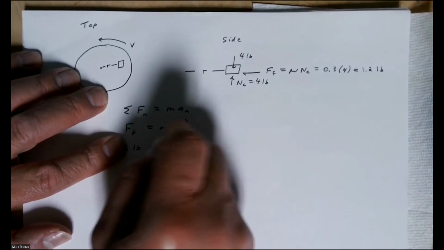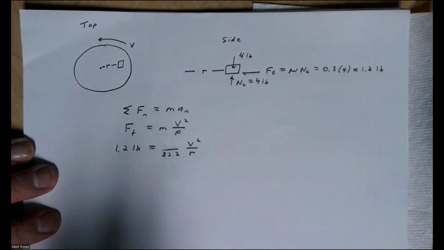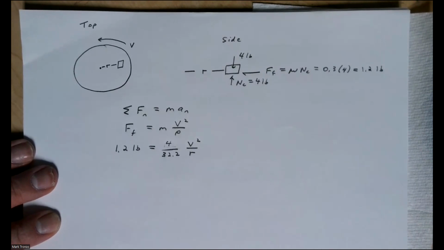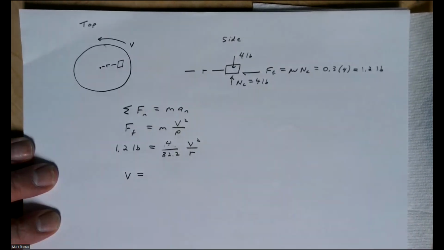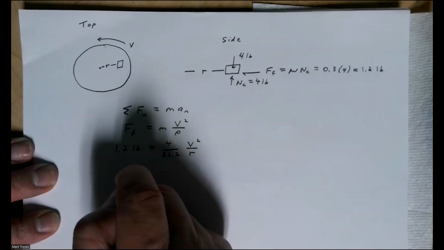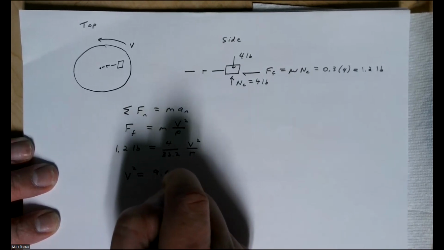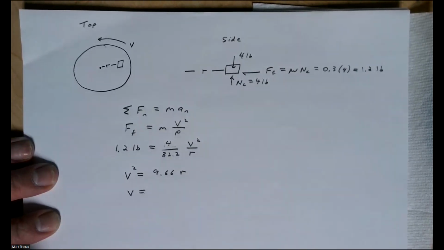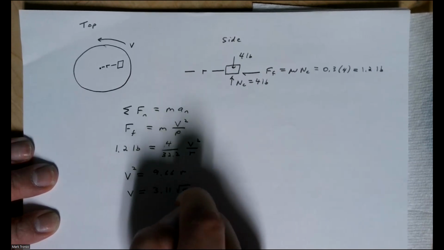The mass is 4 pounds. So 4 divided by 32.2. And when we solve for the velocity and work this all through, we get velocity squared equal to 9.66 R, or velocity is equal to 3.11 square root of R, like that.